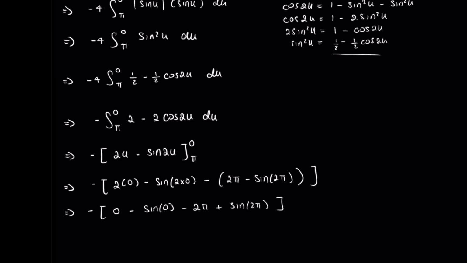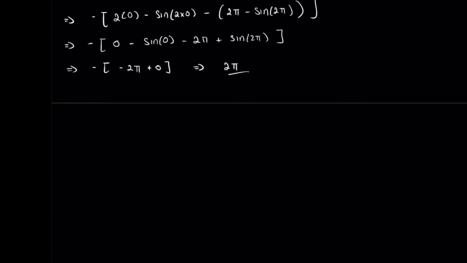And now we simplify again, so we get minus, and then 0, we take it out. And we know that sine of 0 is 0, so we also ignore that. We have minus 2 pi, and then sine of 2 pi is also 0, so we just do plus 0. And now for the final step, we just multiply out the negative sign, so we have 2 pi. And this is our answer.